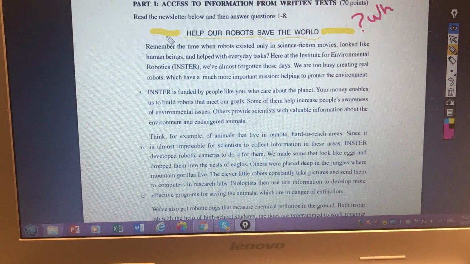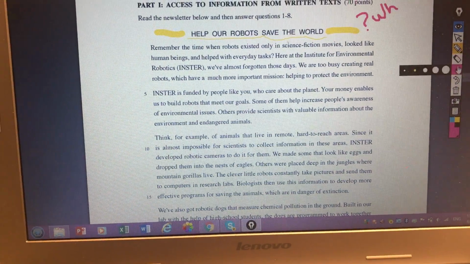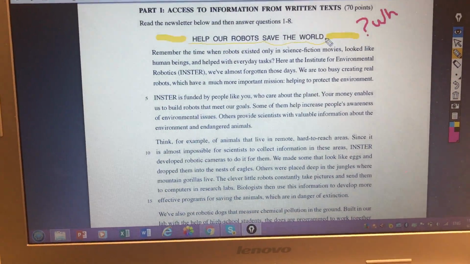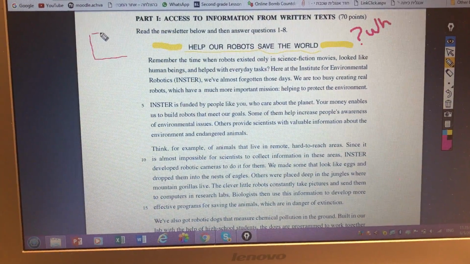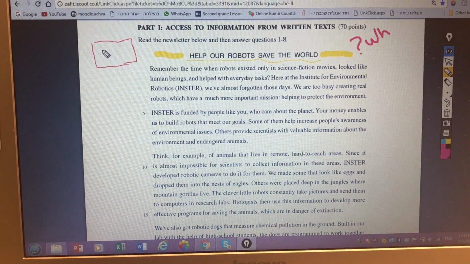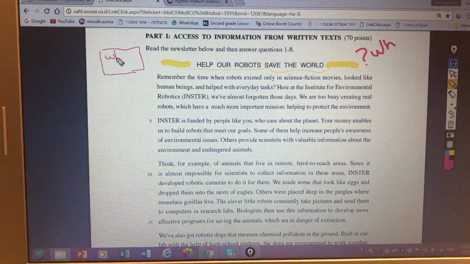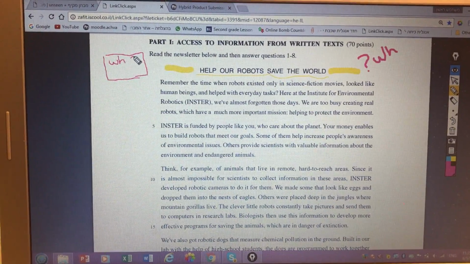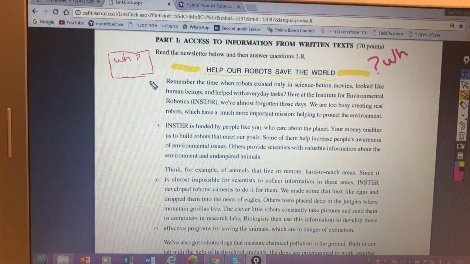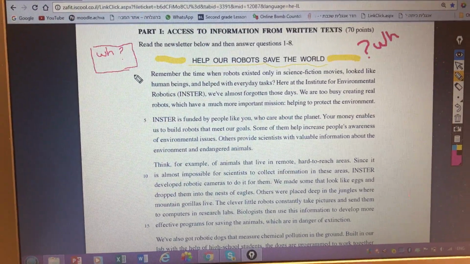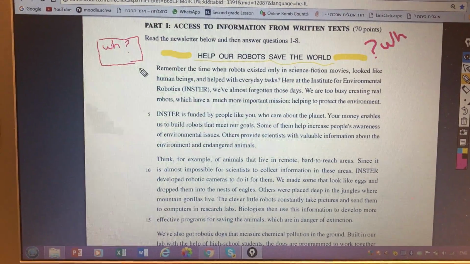What we want to do is maybe jot down on the side, make a little box, and in the box you would write your WH questions. Then when we look at the title and turn it into a question, we try to get a better idea of what the text will talk about.